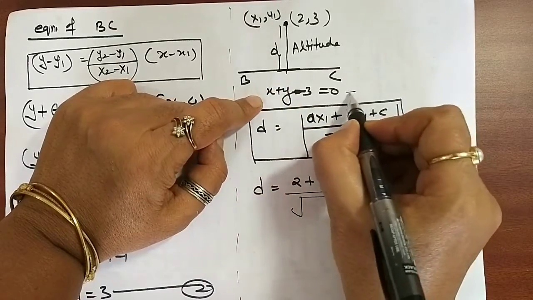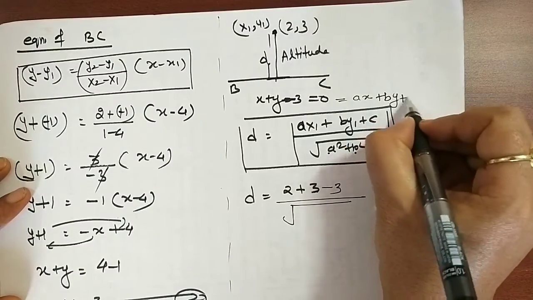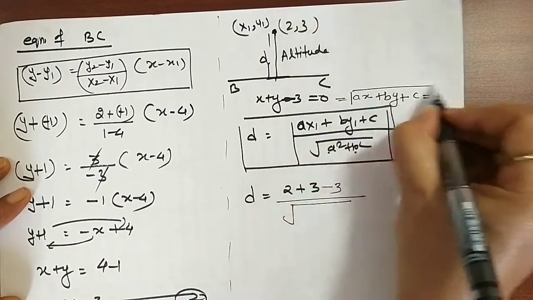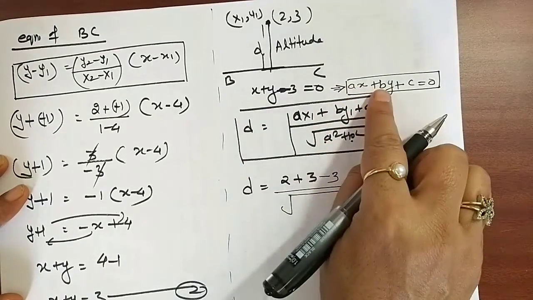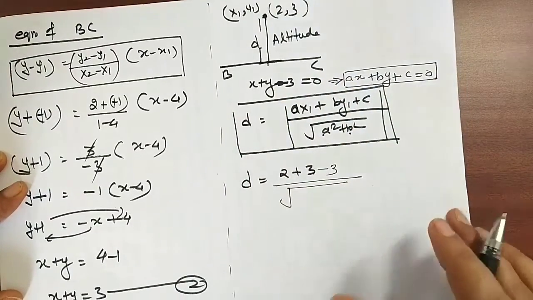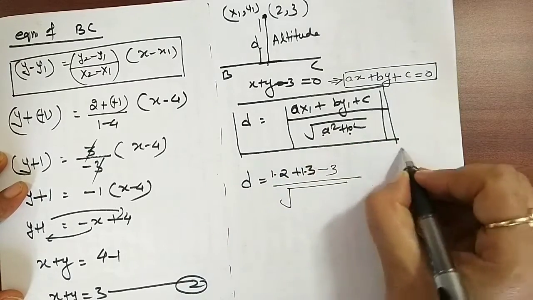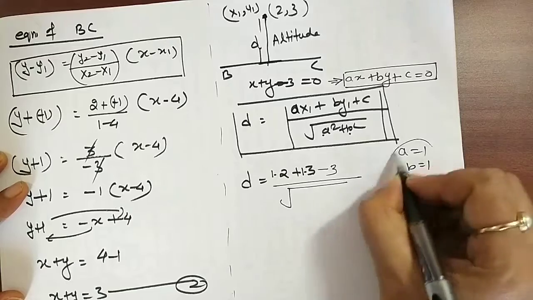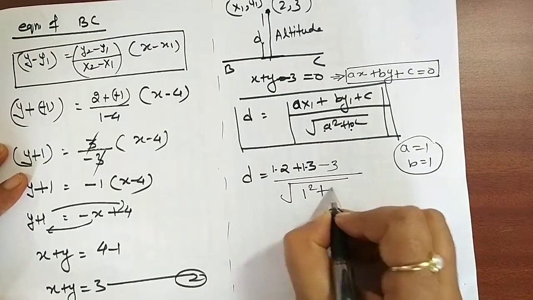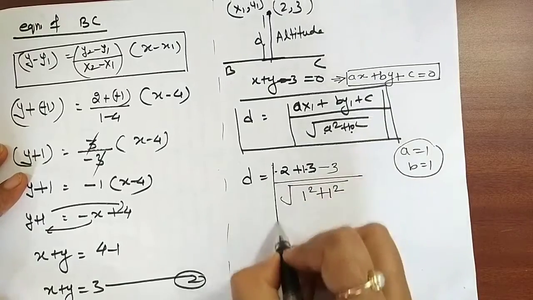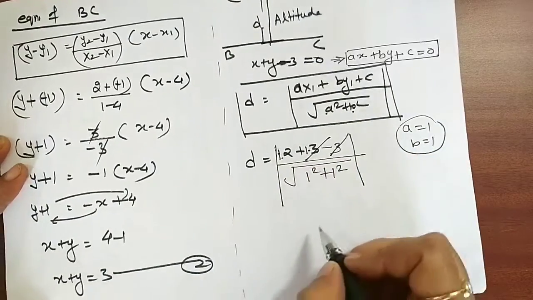If this equation I compare with ax plus by plus c is equal to 0, so in this, what is a? 1, and what is b? Is 1 only, right? That's why I am taking here 1 into 1. So my a is 1 and b is 1. So it will be 1 square plus 1 square. Mod. Remember, mod. So this is 3 cancel. So what is left?